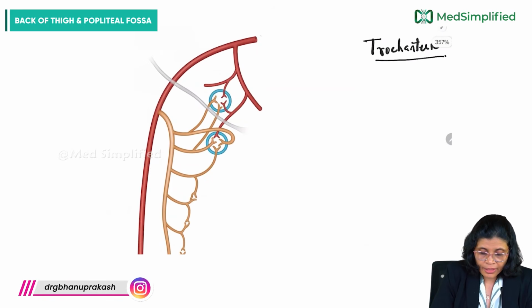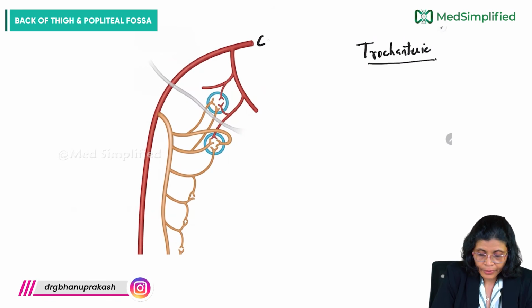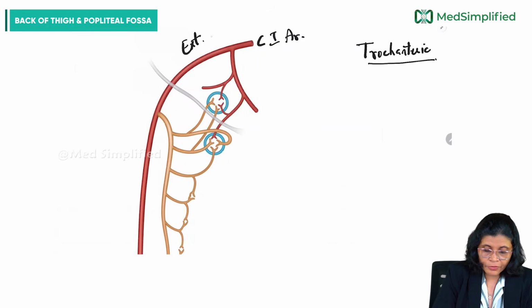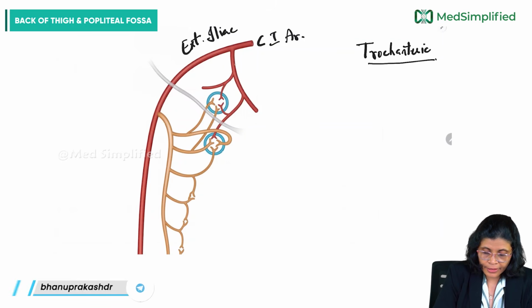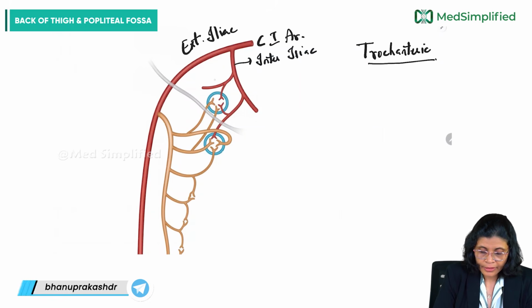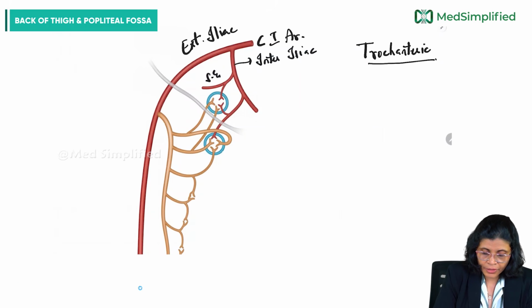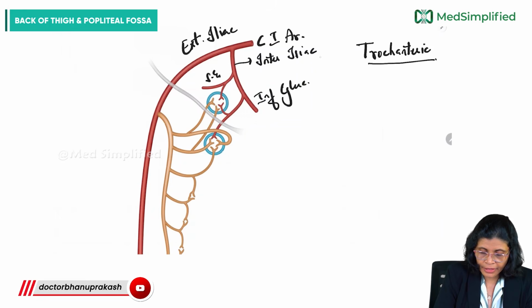So now this is the common iliac artery which will divide into external iliac and the internal iliac. This is the internal iliac. So let's understand the branches first here. This is the superior gluteal and this is the inferior gluteal, from the internal iliac.